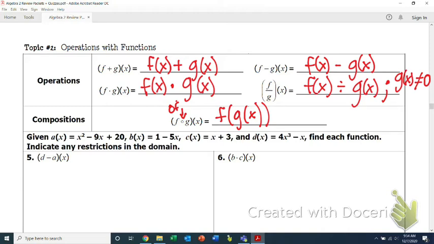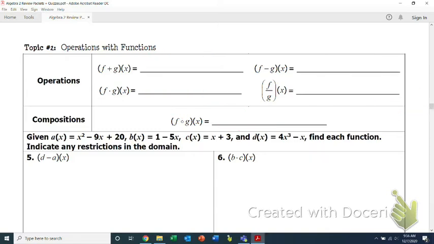F of g of x. All right, so you work backwards. You plug g into f. So I'm going to write out here, work backwards.